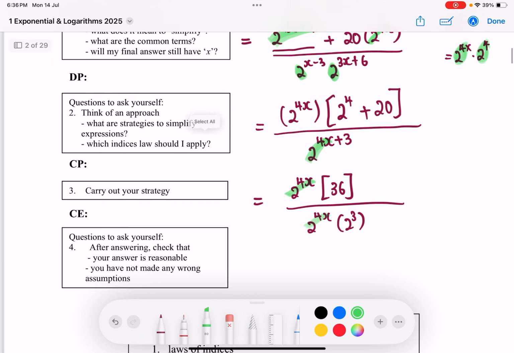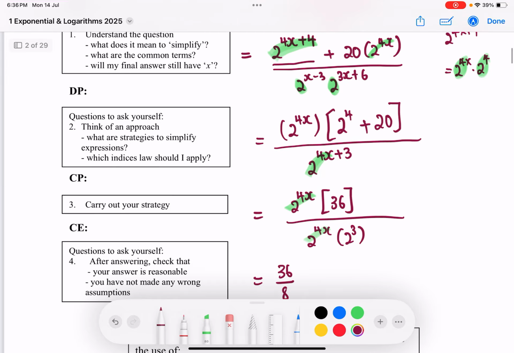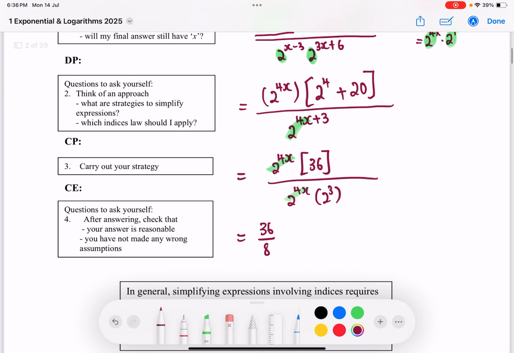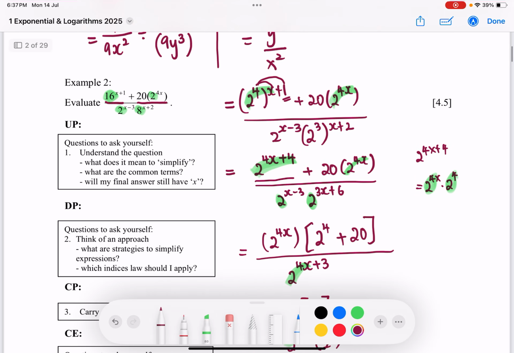So that means it's a common factor, which we can then simplify to become just 36 over 8. So this is how we can simplify this expression. When we started off, the problem with this question was that this was a plus. So we saw how we overcame that in this question by factorizing the common term.